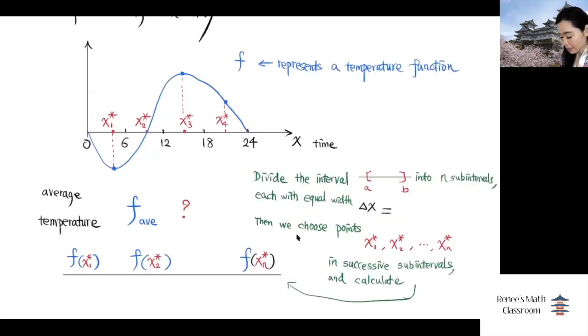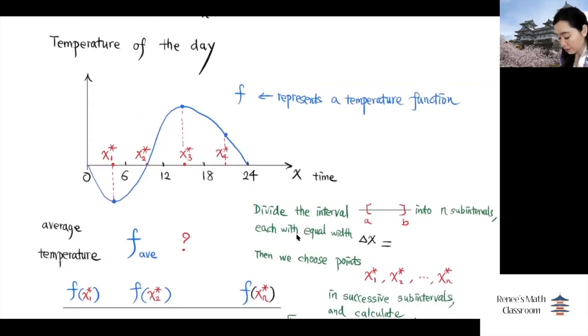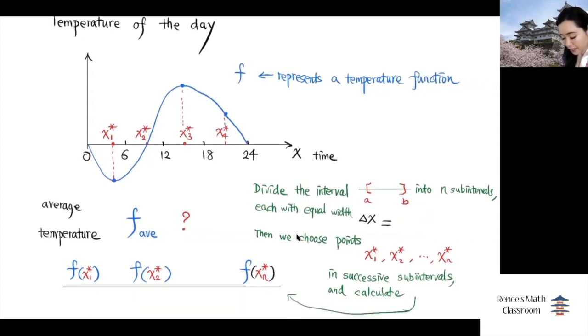This is the graph of the temperature function for one day, and that's f. How can I find the average temperature of the day? Let's call it f ave here for average. Given this graph, given this temperature function, how can I find the average temperature of the day?